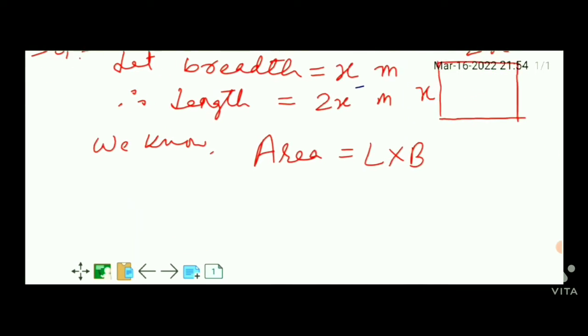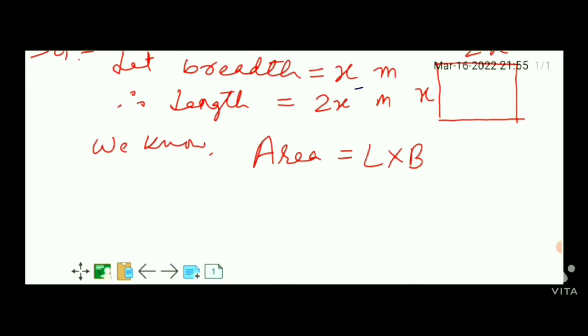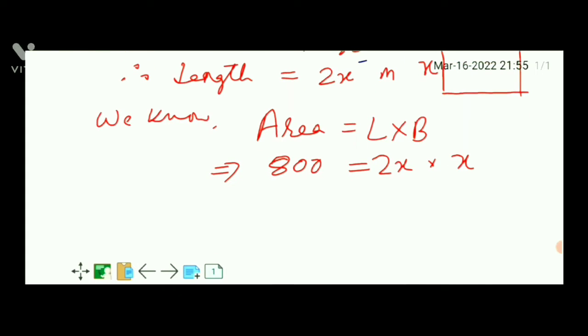Here area is given 800, L is here twice x, into B is x. So we can write here twice x into x.